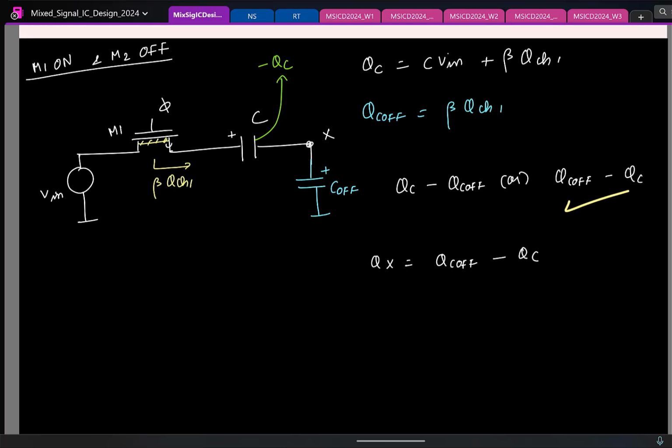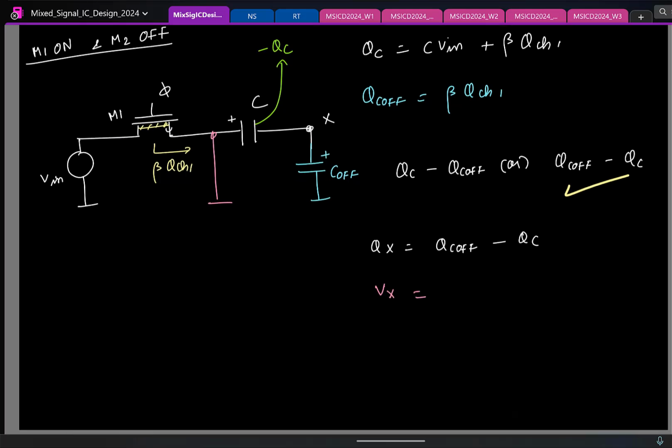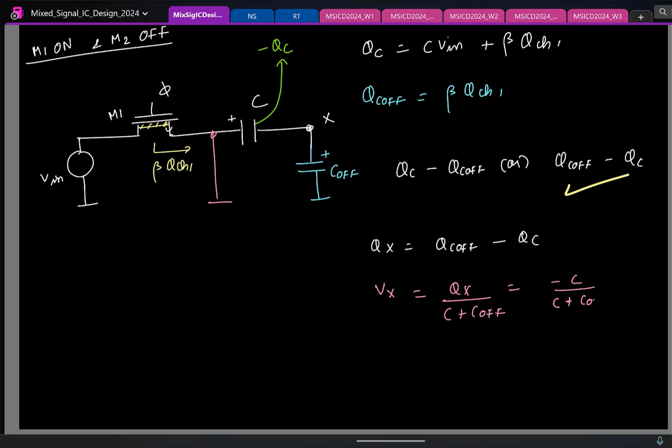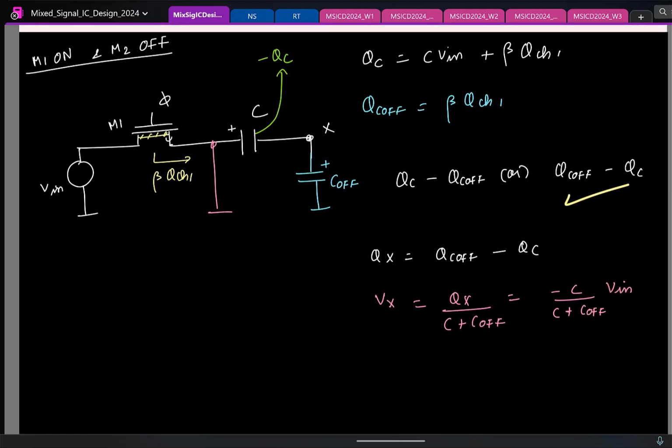Now in addition, as before, if I ground this node, I can now find the voltage Vx. What is Vx? If I do the thing, what do you get? Vx is basically Qx by C plus C off. Here the subtraction happens inherently because this node contains minus QC and plus QC.